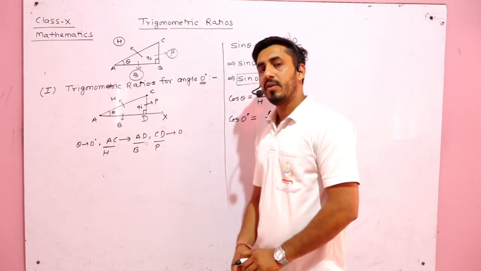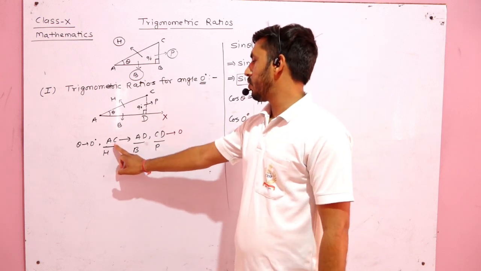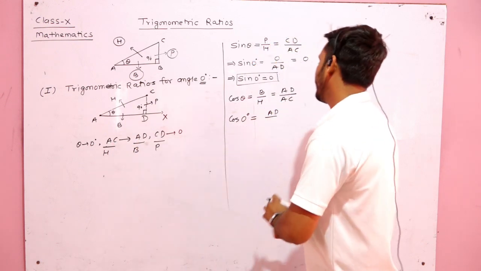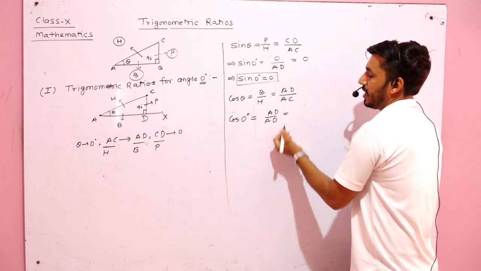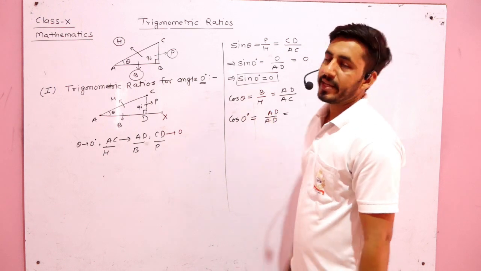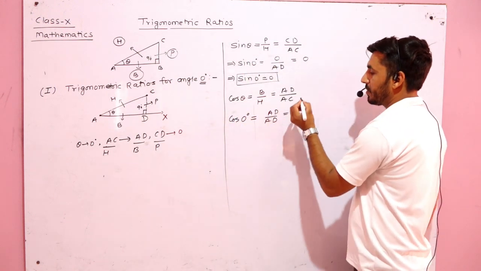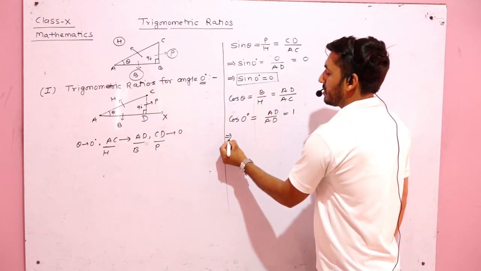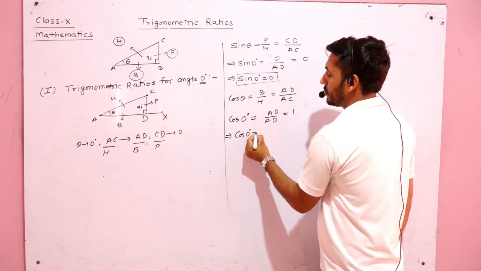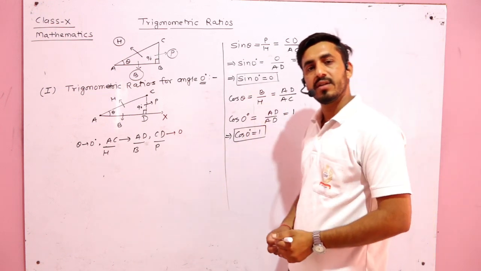In the condition when theta is moving towards 0, AC is also moving towards AD, so AC will also be AD, and AD upon AD cancel. The obtained result is 1. Then we can say that cos 0 degree is equal to 1. This is the second condition.